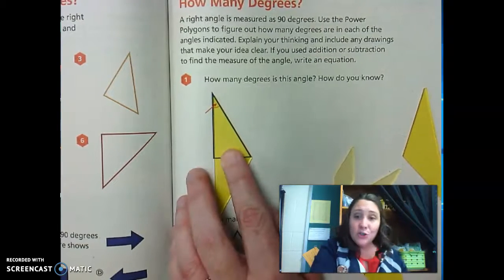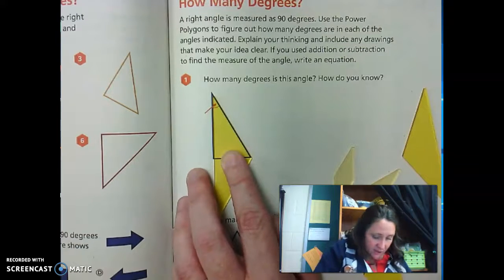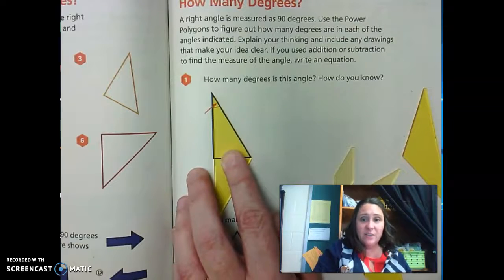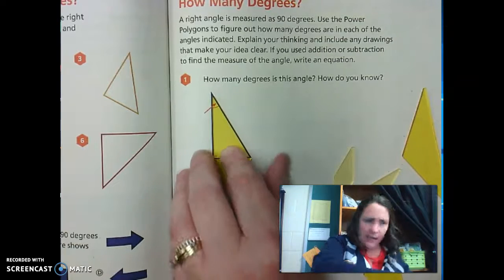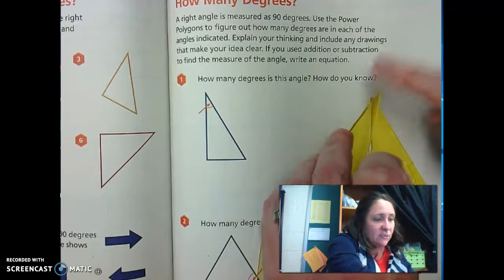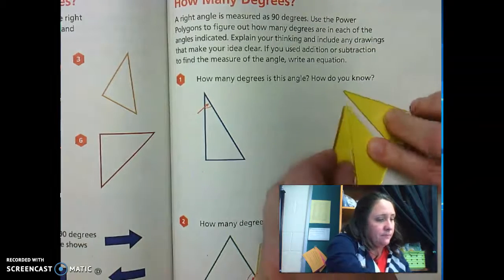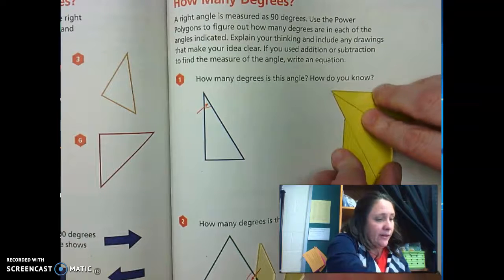And it sure does. It definitely fits perfectly. So 3 of the shape J's makes a right angle, which is 90 degrees. Let's see if 3 of our shape J small angles right here make 90 degrees.